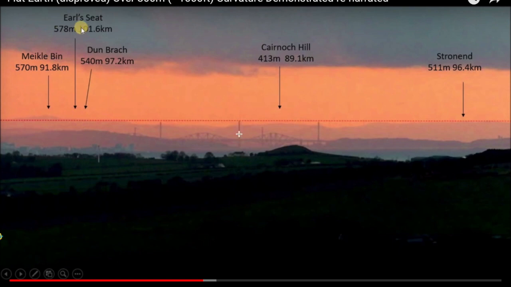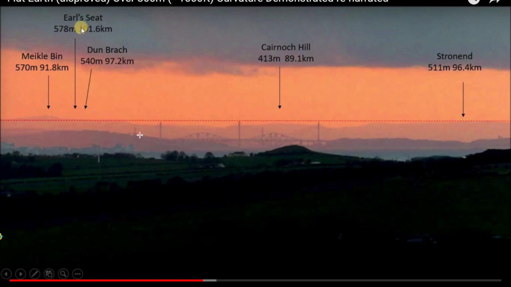Anyway, we have an observation from Traprain Law. This time the observer height is 210 meters, and we're looking at this bridge here with these towers, which the top of the towers are also at 210 meters.